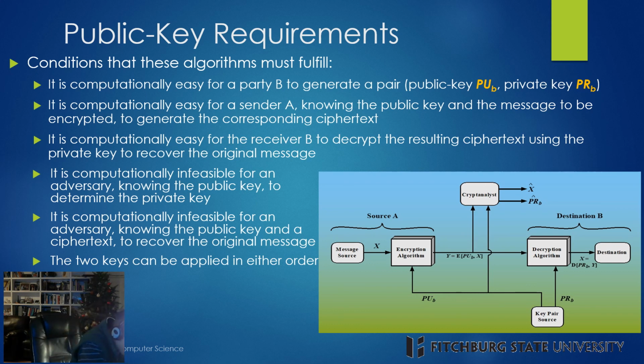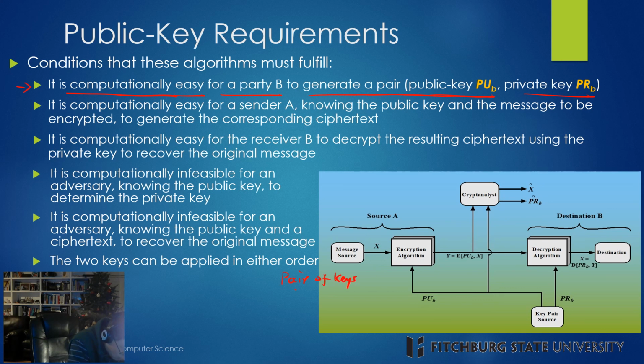So number one, we have to make sure it is computationally easy for party B to generate a pair of public key and private key. Remember that in order to do the communication, for both sides, you need to create a public key and a private key, a pair of keys.